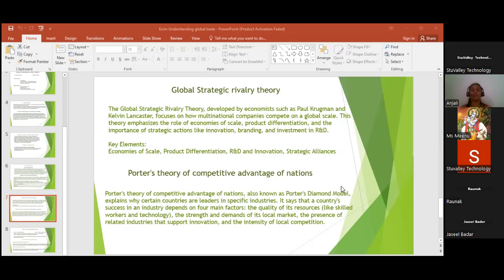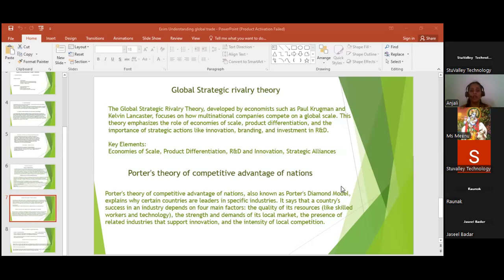For example, I would like to tell you all about Japan. Japan is a highly innovative country, where they can produce the best electronic products, the most innovative electronic items we can find. This is because it has a highly educated workforce, where the education is comparatively much better than in India and other states.